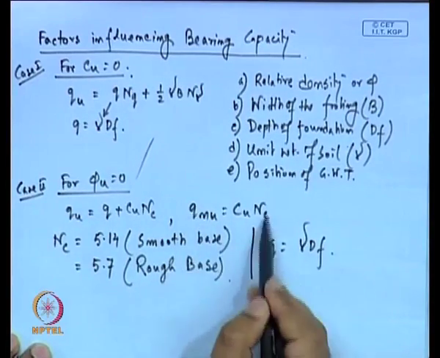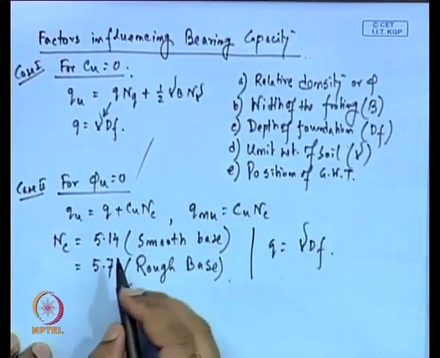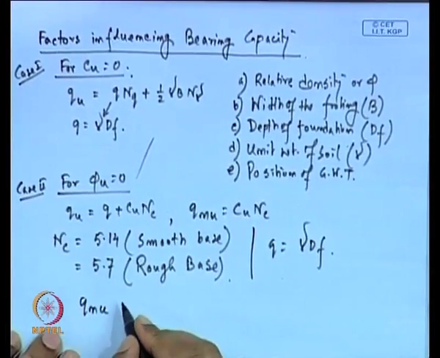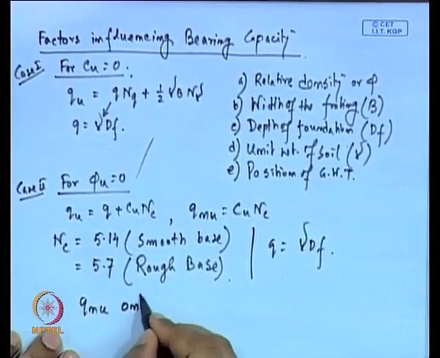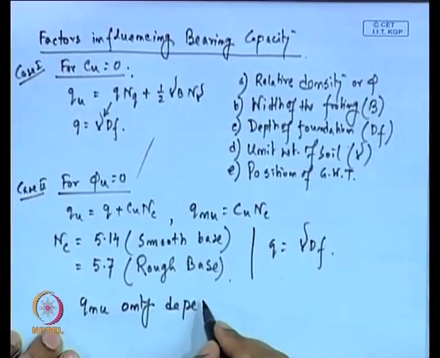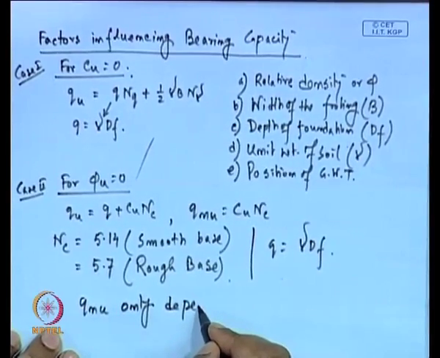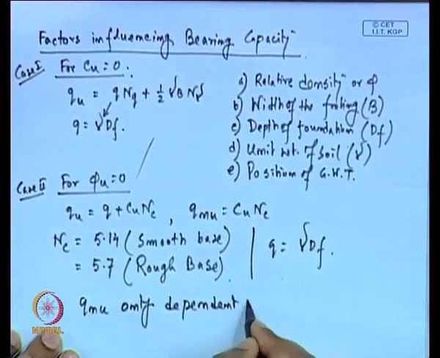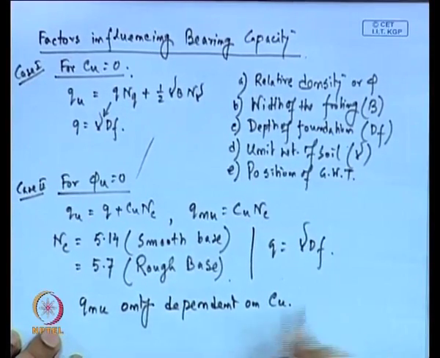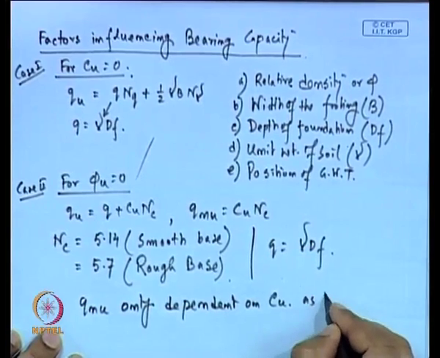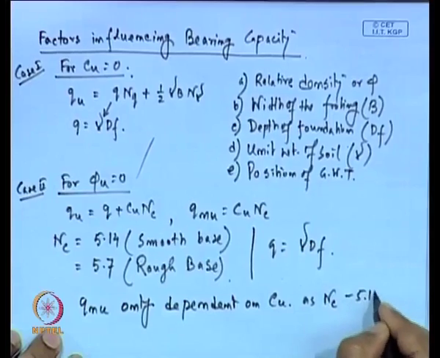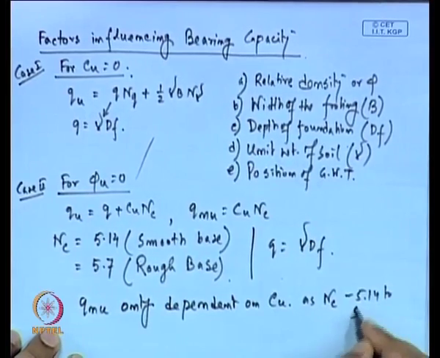So, from these observations we can say that Qnu is only dependent on Cu, because Nc varies from 5.14 to 5.7.